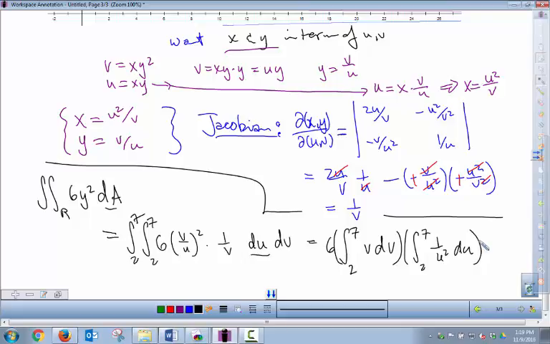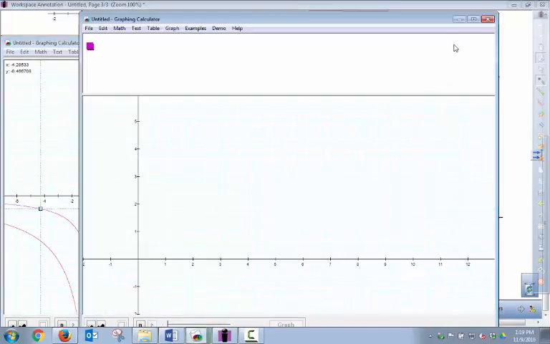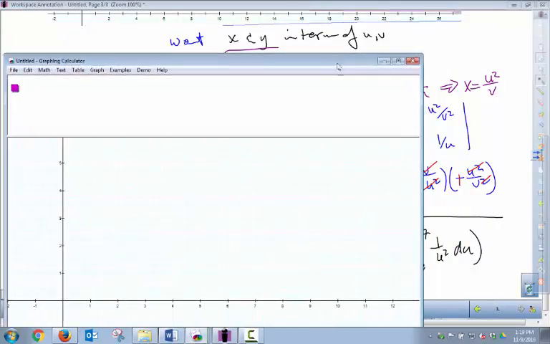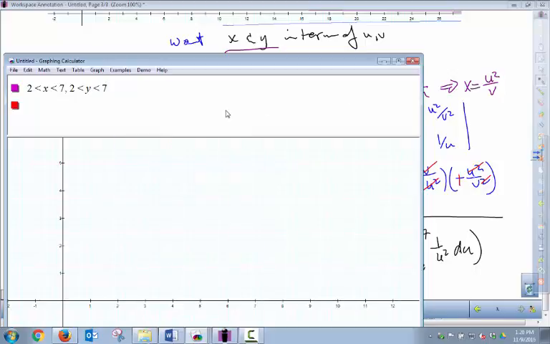All right, I want to try one more thing with this graphing calculator. And what was our transformation again?